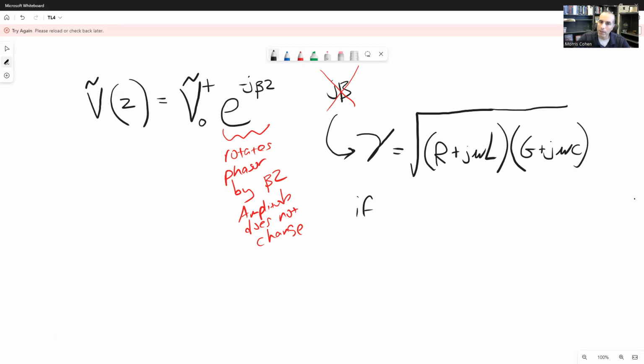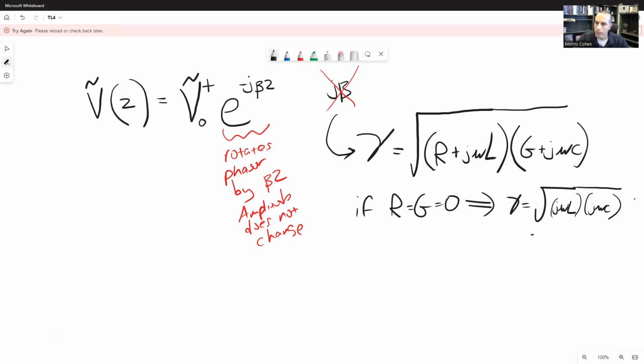Notice that if R and G are both 0, then this becomes gamma equals the square root of j omega L times j omega C, which equals the square root of, the two j's are going to multiply and become a minus 1, so minus omega squared LC.